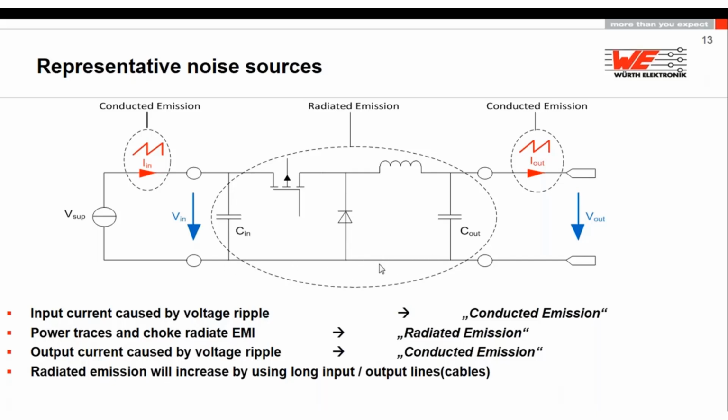Actually, you have taken a lot of care with this track of the input capacity, maybe even the diode and the output capacity. This PCB track, if you take a near field probe and go close to this track, you will find out that this is the most radiating and most dangerous EMI track.